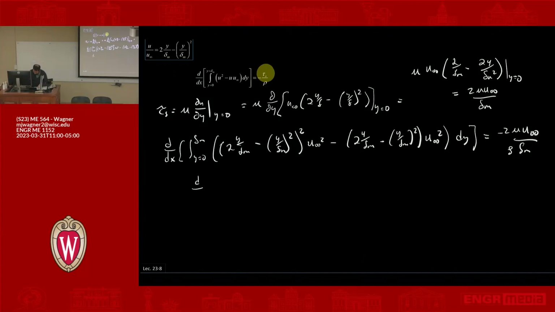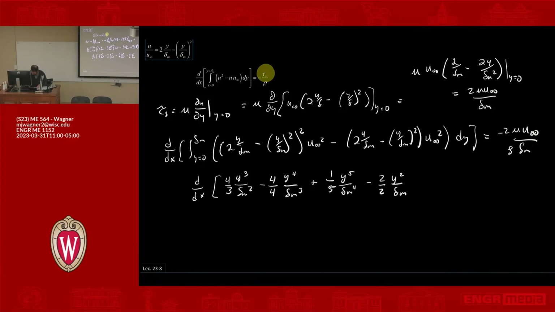So then we get d dx of, having integrated it, this whole thing: 4/3 y cubed over delta m squared minus 4 over 4 y to the 4th over delta m cubed plus 1 over 5 y to the 5th over delta m to the 4th minus 2 over 2 y squared over delta m plus 1/3 y cubed over delta m squared.